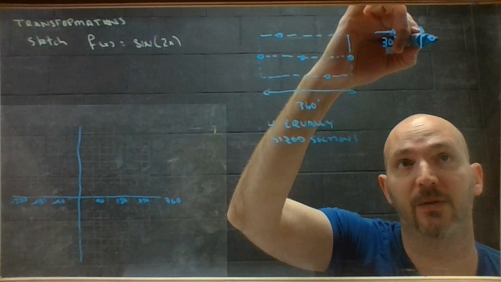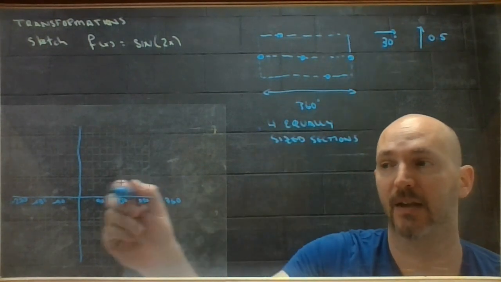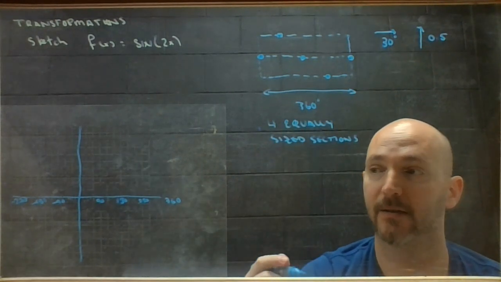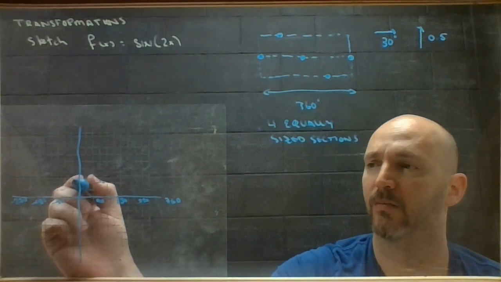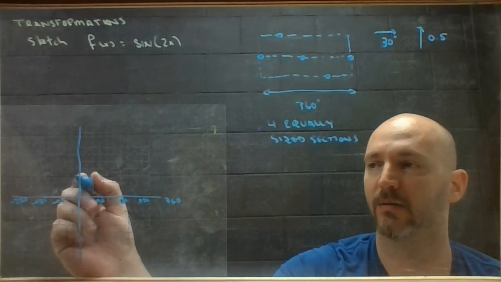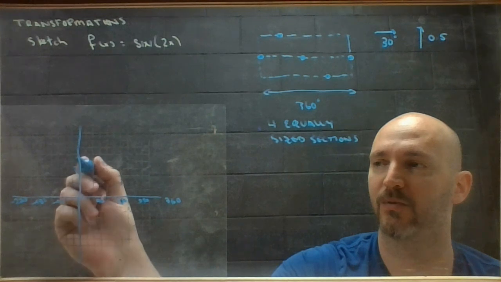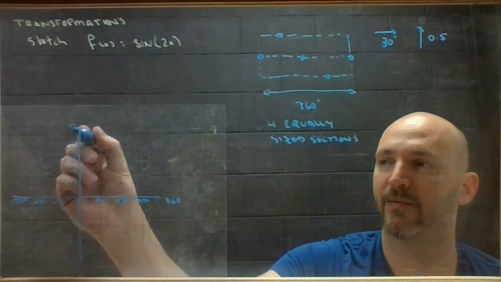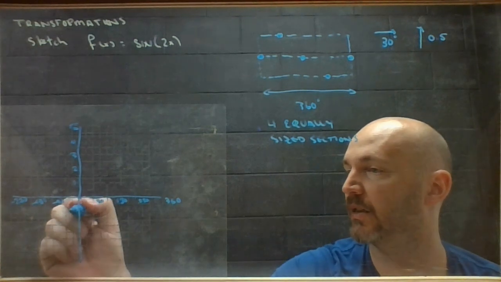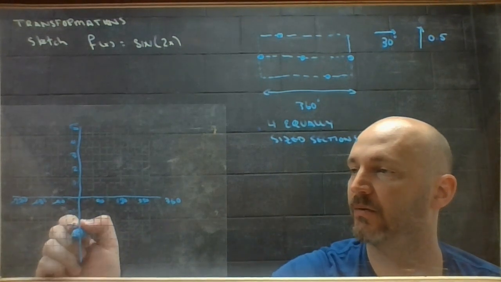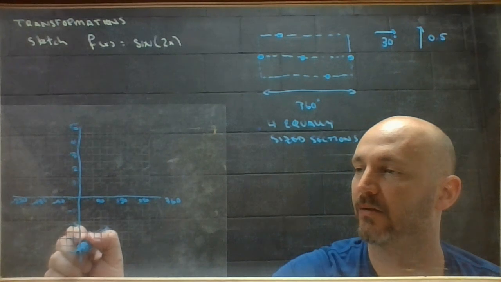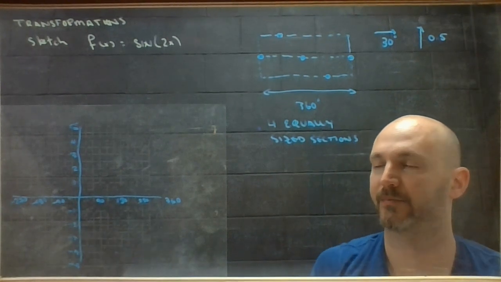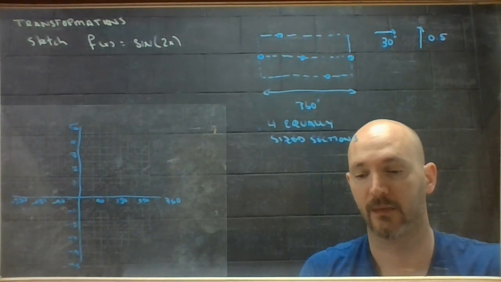I'm going to use 0.5 as each step on my Y-axis. So 0.5, 1, 1.5, 2, 2.5, 3, 3.5, 4, 4.5, 5, negative 1, negative 2, negative 3, 4, 5. Okay.